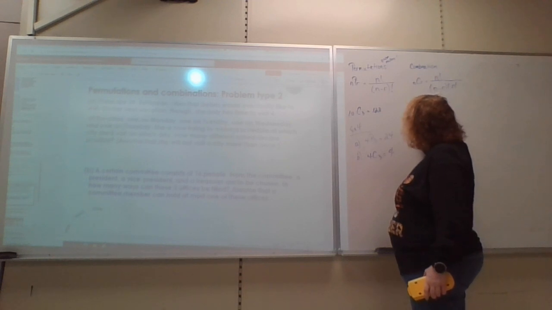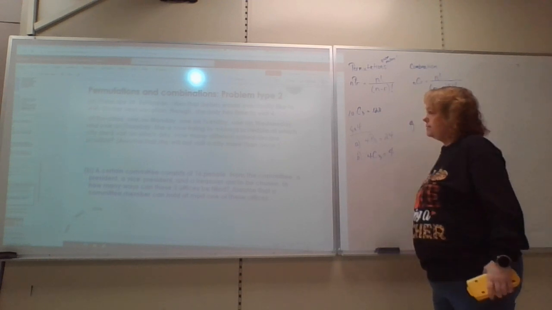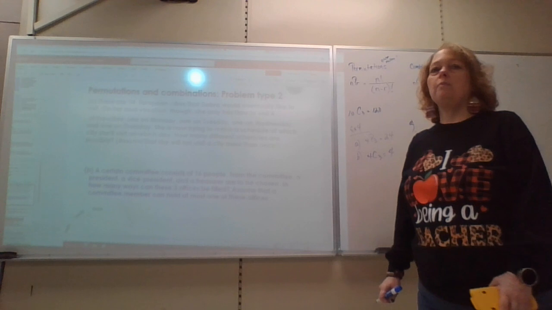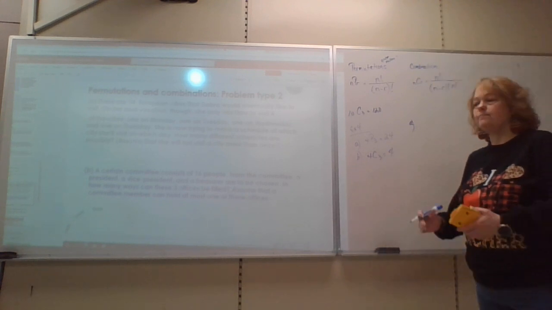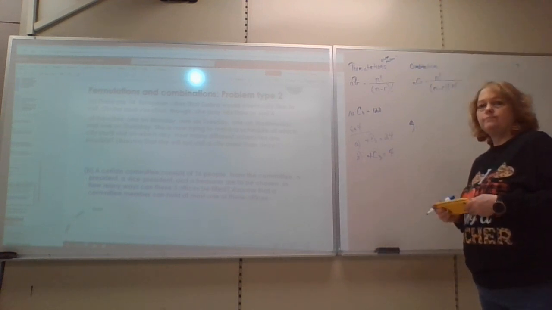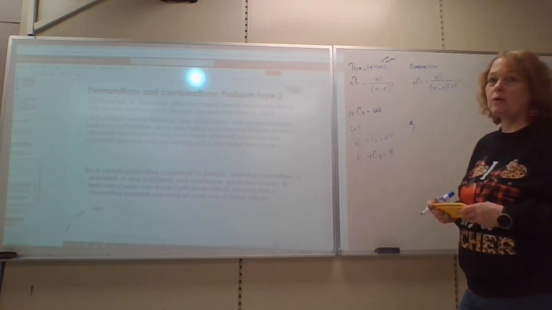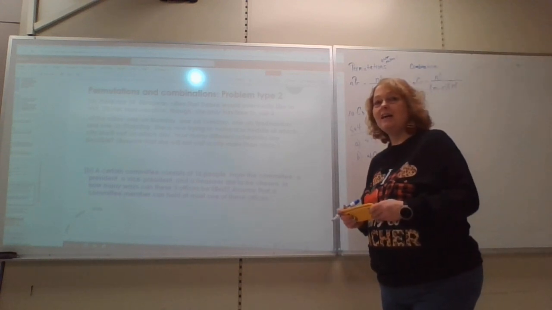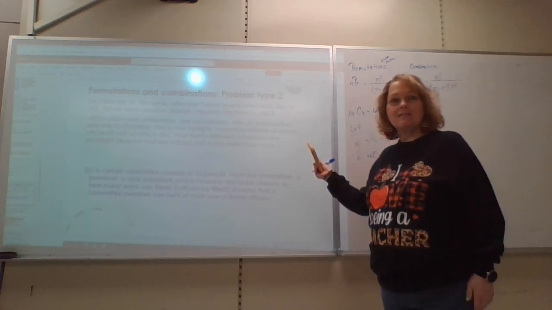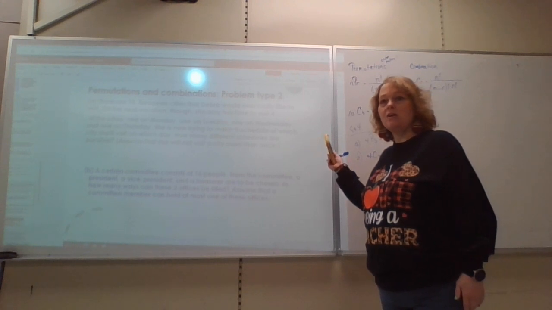So in this example, when you visit a city, does order matter? No, so combination. Actually, order does matter in this one. Don't ask me why, but you'll have a problem like this come up on your Alex, and order does matter.